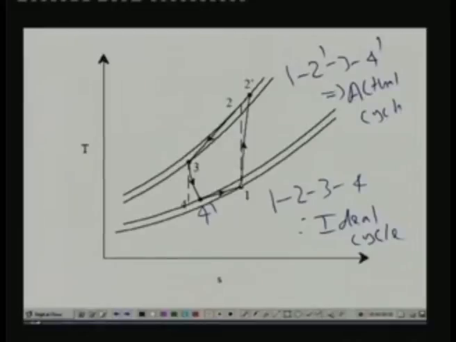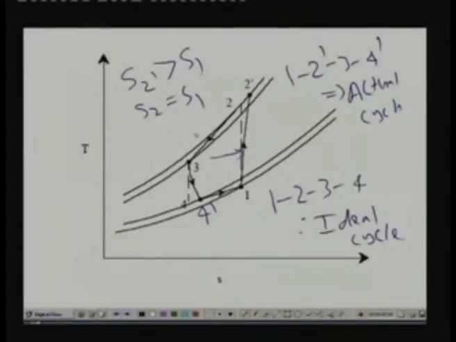You can see that, for example, process 1 to 2 in the ideal cycle is an isentropic process. In the actual cycle it is non-isentropic, that means entropy increases during the process because of the irreversibilities. You will find that entropy at point 2, S2 dash, will be greater than S1, whereas S2 is equal to S1. So this is one difference.